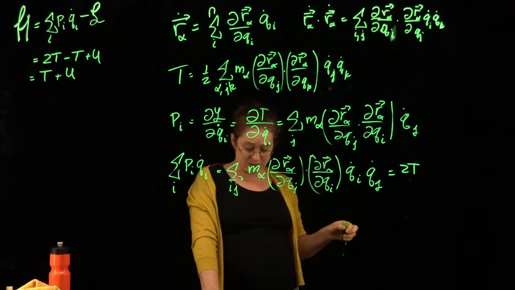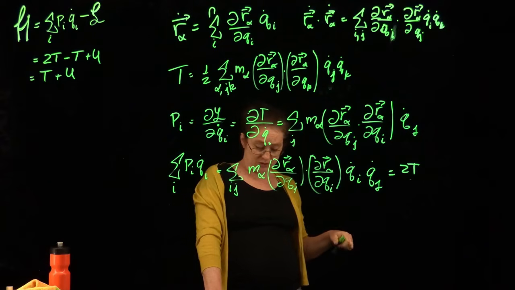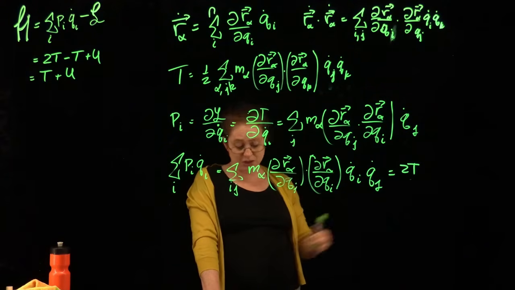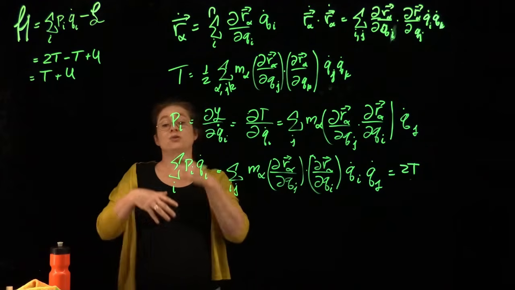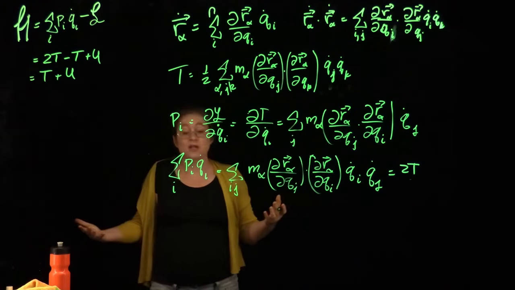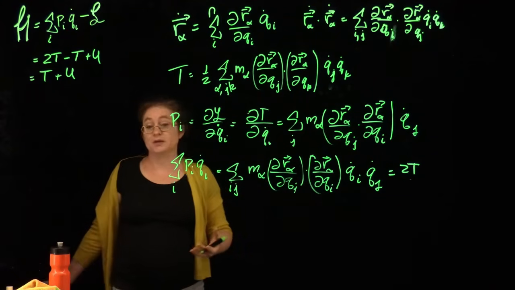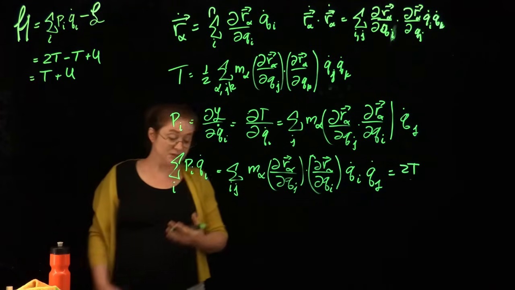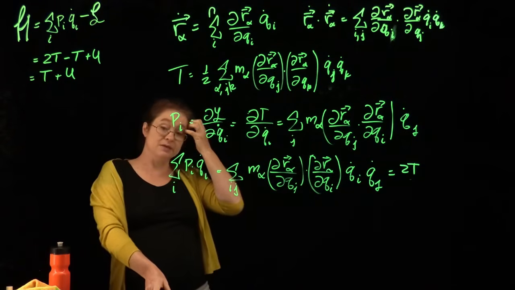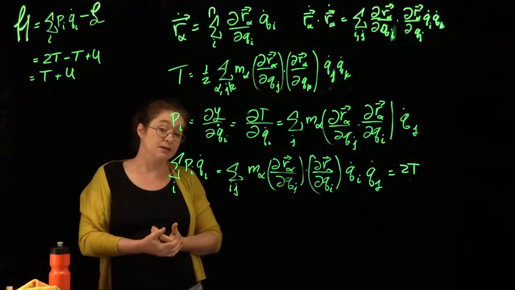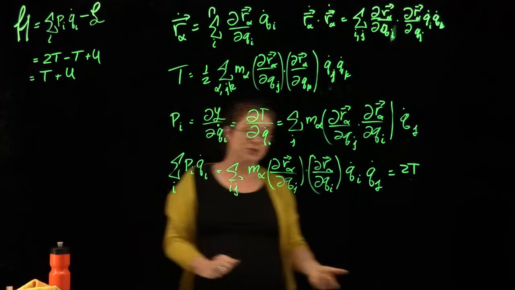So a time independent Lagrangian implies energy conservation. Now you can always write the Lagrangian in terms of Cartesian coordinates, because you can choose whichever coordinates you want. So as long as the Lagrangian does not have any explicit time dependence, then you have energy conservation.